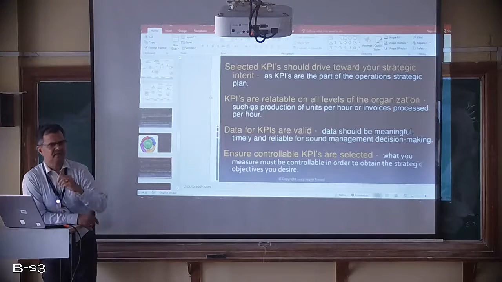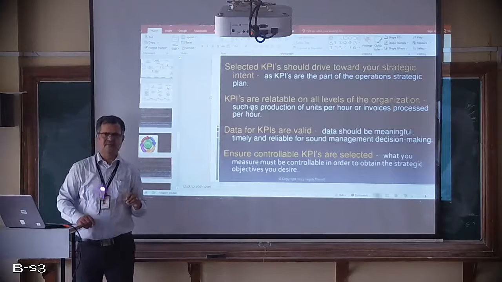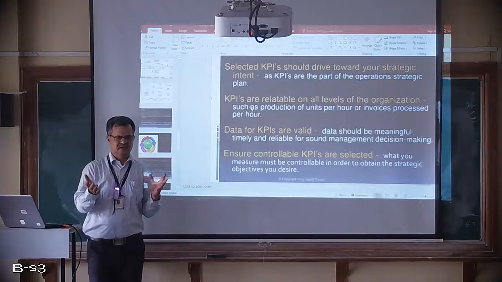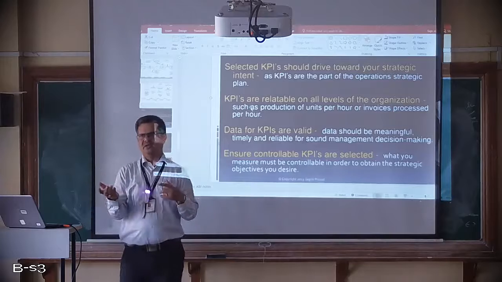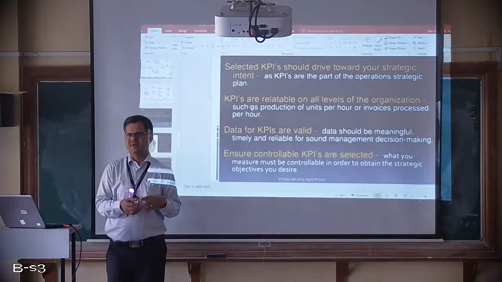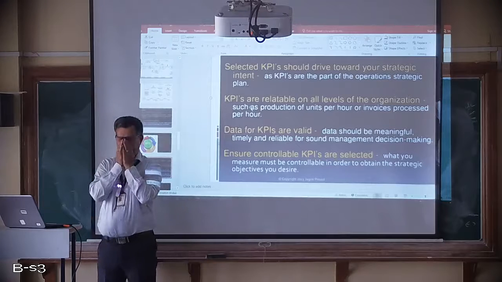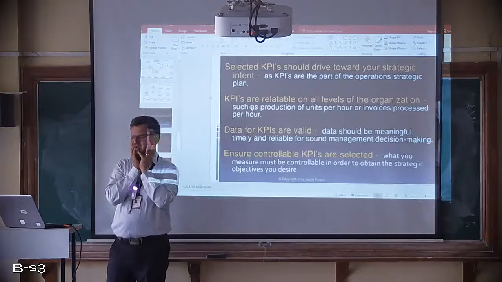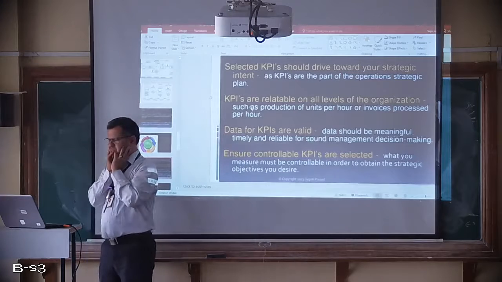Normally, when you say lean manufacturing, people never talk about KPIs and focus only on Jidoka, just-in-time, Kaizen, value stream mapping. Those things only they focus on, but very few people talk about KPIs.